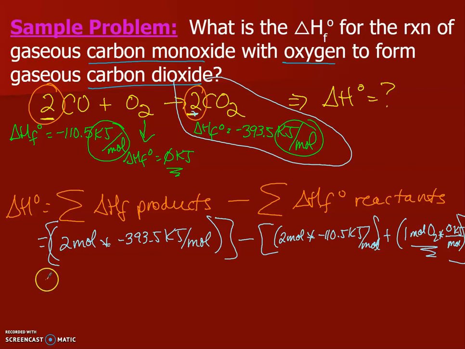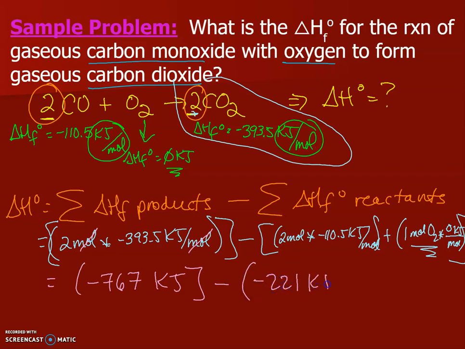When I use my calculator, I find that this is equal to negative 787 kilojoules, because moles and moles cancel out. Then I'm going to subtract negative 221 kilojoules plus 0, and my overall delta H will be negative 566 kilojoules.